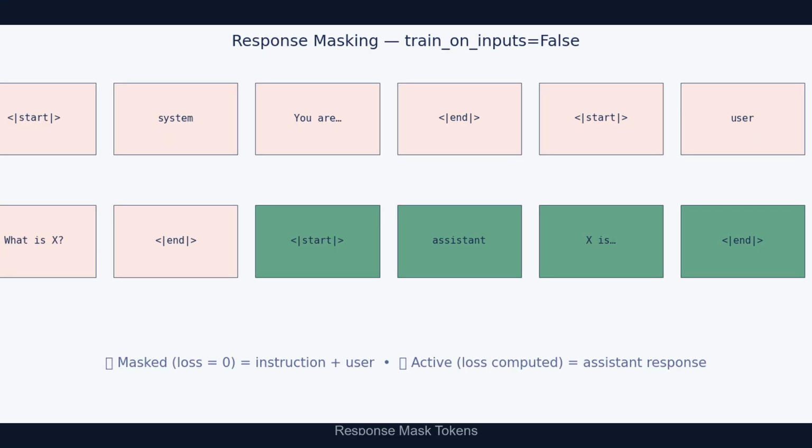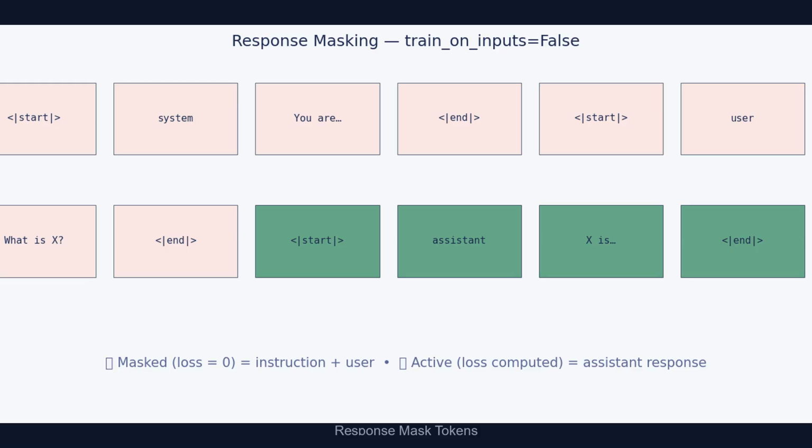Response masking is what ensures your model learns to generate assistant responses, not to memorize the prompts that precede them. In a training example, the system message and user message are part of the input context. The model should read them but not be penalized for predicting them. The assistant response is what the model should learn to produce. Response masking sets the loss calculation to ignore all tokens in the system and user turns, marked here as masked, and only compute loss on the assistant tokens.